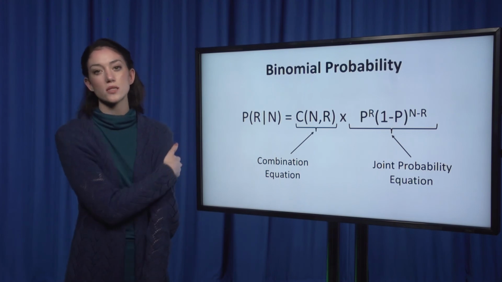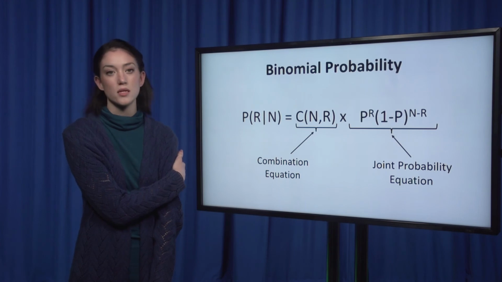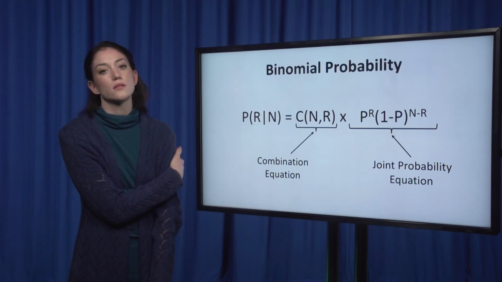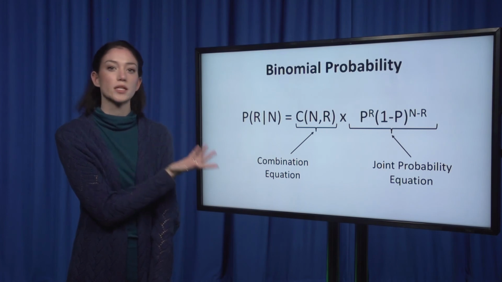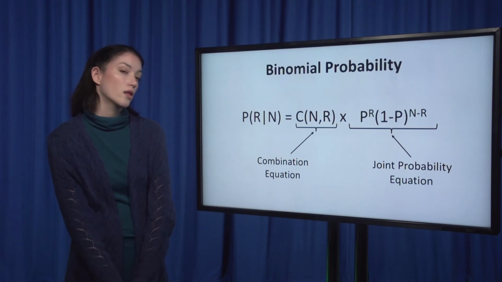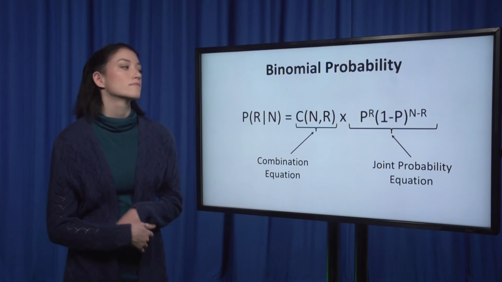When you do this, you are finding the probability of R successes in N trials. So if you put all that together, you get the formula on the screen. This is what we call a binomial probability.